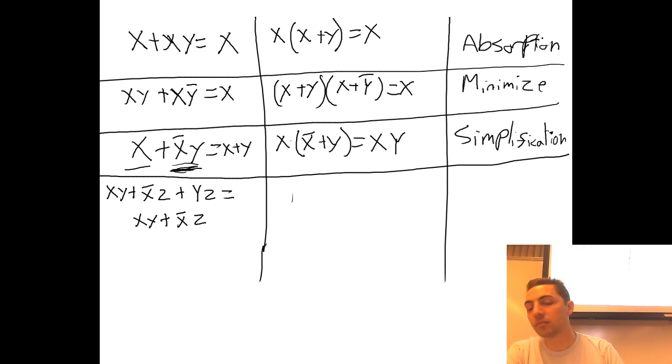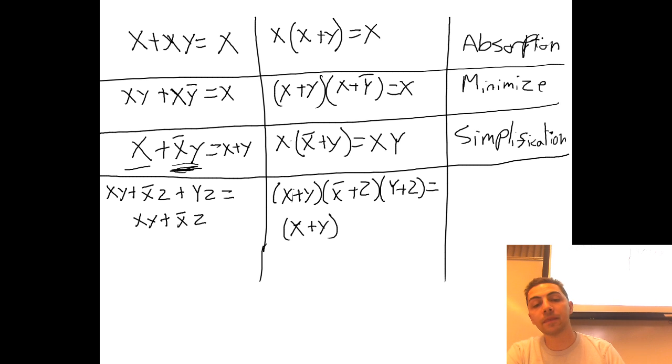It's the one I find least useful. x or y, x bar or z, y or z is equal to x or y, x bar or z.